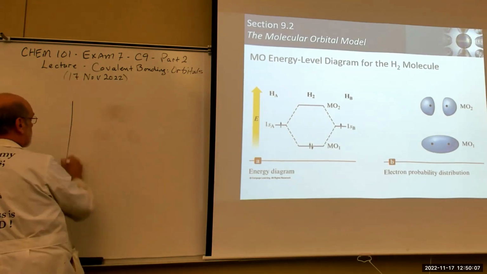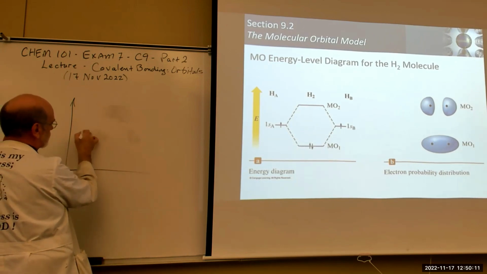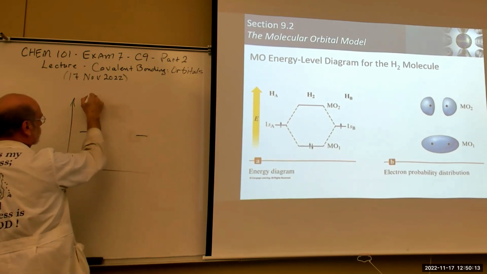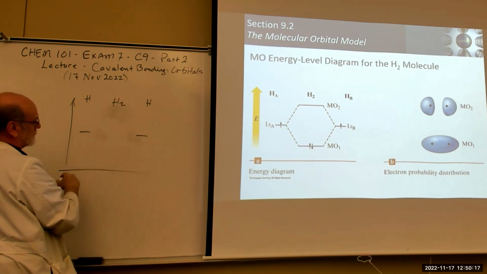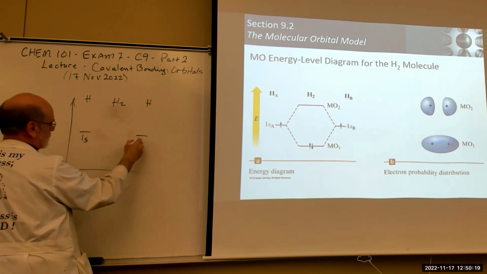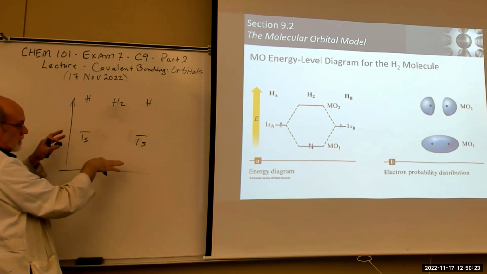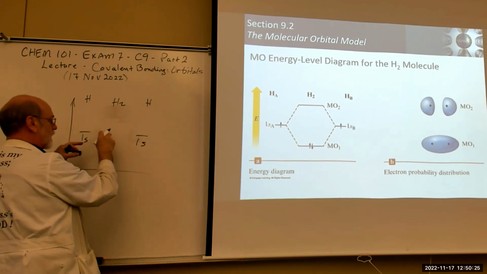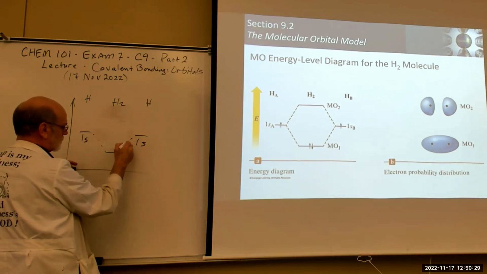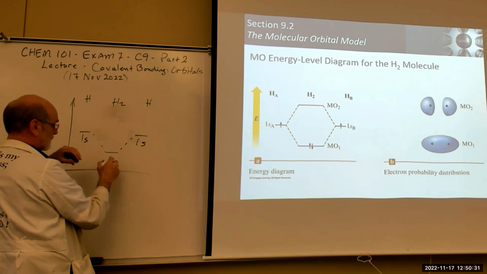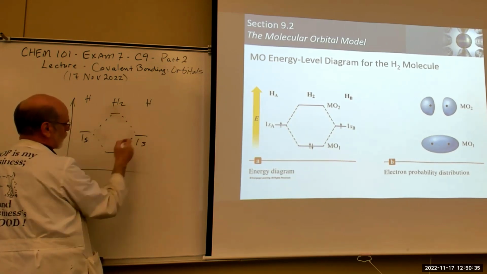You just have an energy scale here, and then across here you have your atomic orbitals, and then your molecular orbitals. These are derived from just the 1s orbital. So you're going to get one at lower energy, which is the bonding orbital, and you get one here, which is the anti-bonding orbital.